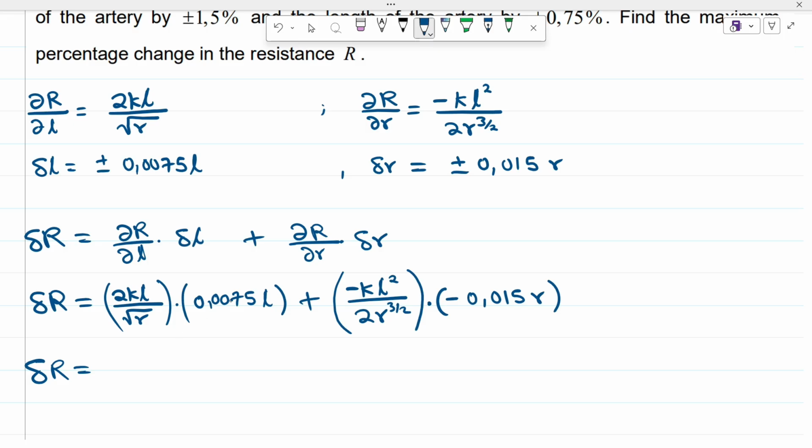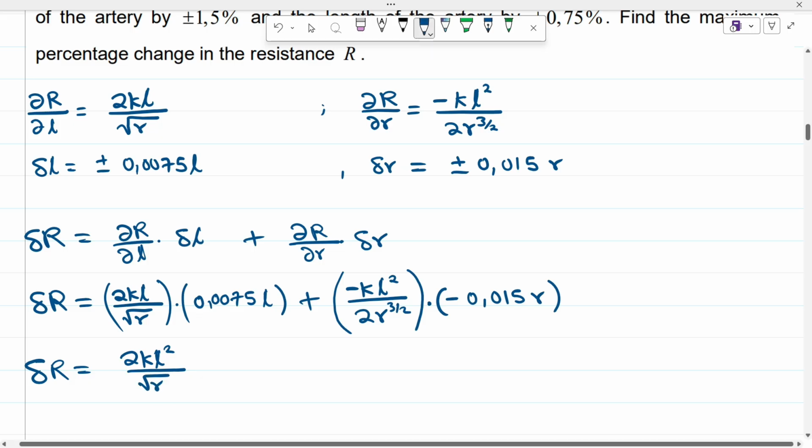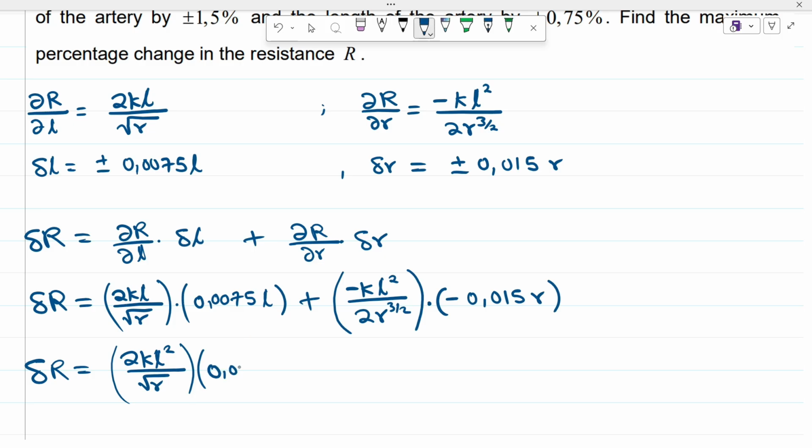When I multiply that, I get 2k L squared divided by root of R. So what I did here, I just multiplied this L by that, so then I got L squared multiplied by 0.0075, and then plus.